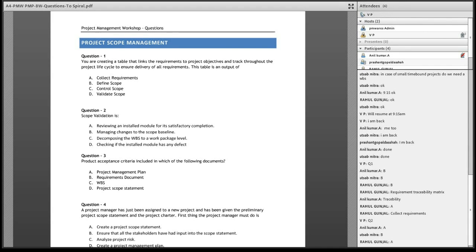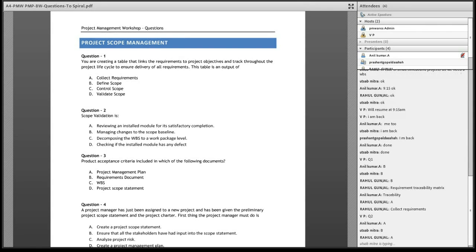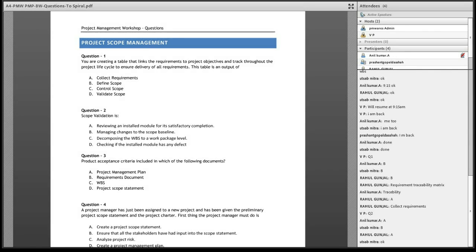Scope validation is validating that whatever was supposed to be completed is complete or not. There are two things, quality control and scope validation. Quality control means looking for correctness, and scope validation means looking for completeness. Managing changes is a change management process. Right, what about question number 3?